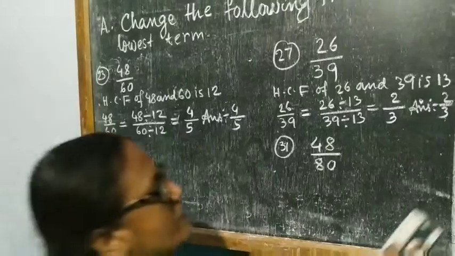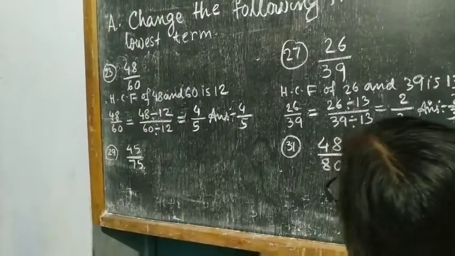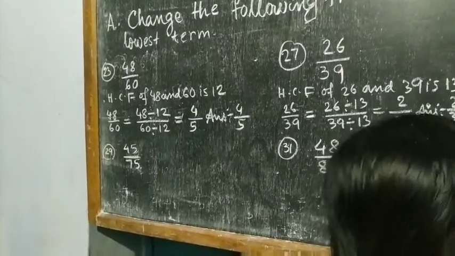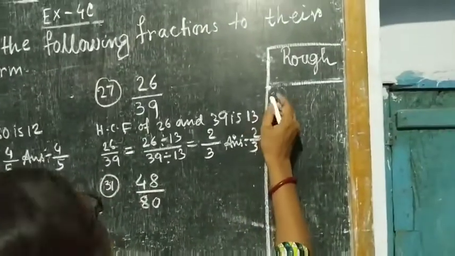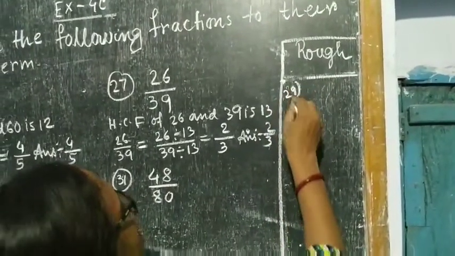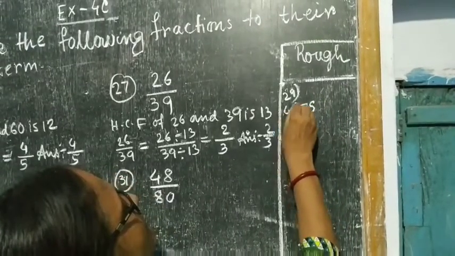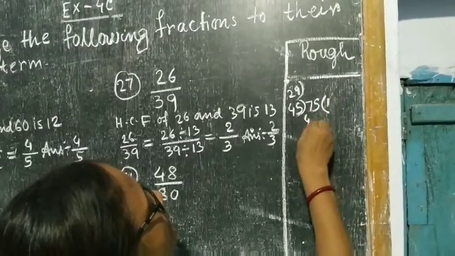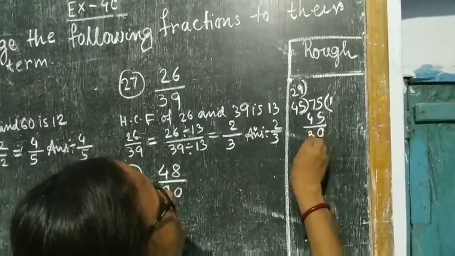So you take the HCF of 45 and 75. Which number is greater, 45 or 75? 75 is greater. So you divide 75 by 45. 45 ones are 45. 5 minus 5, 0, 7 minus 4, 3.